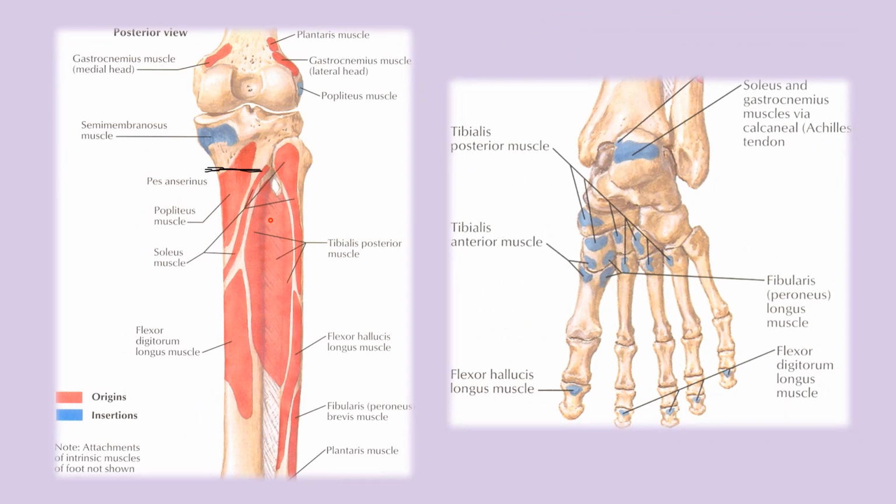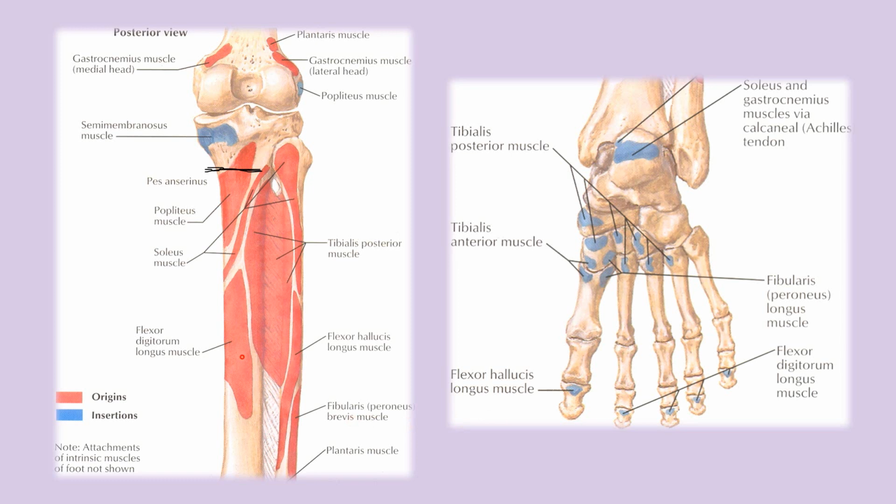Tibialis posterior descends down medial to the calcaneum and enters the sole. Its insertion is on the navicular bone. The slips of insertion also extend to all other tarsal bones except talus. Flexor digitorum longus descends down and runs laterally to insert on the plantar aspect of the base of the distal phalanx of the lateral 4 digits.